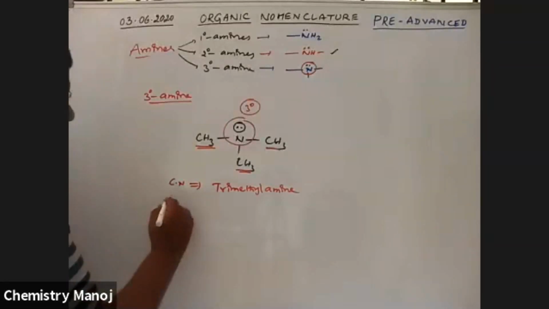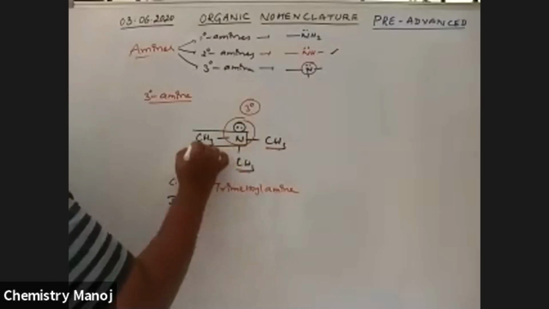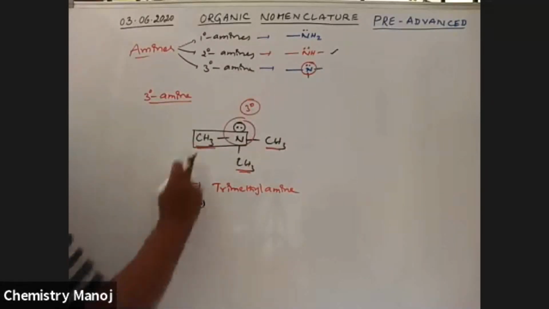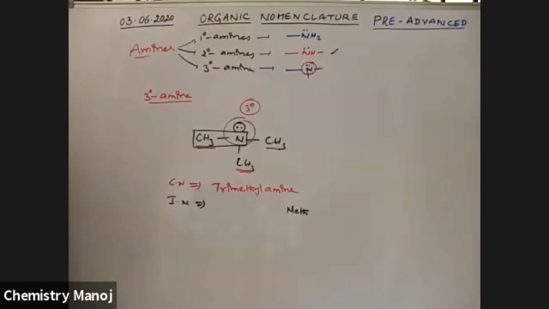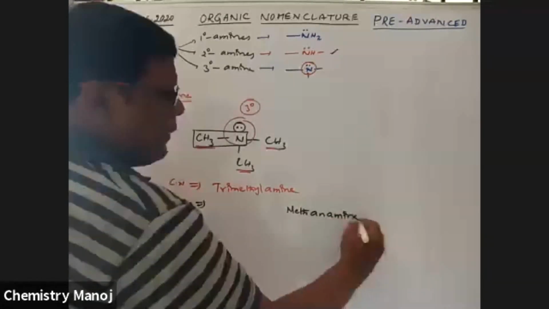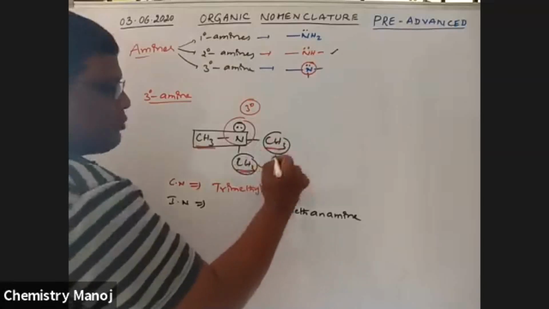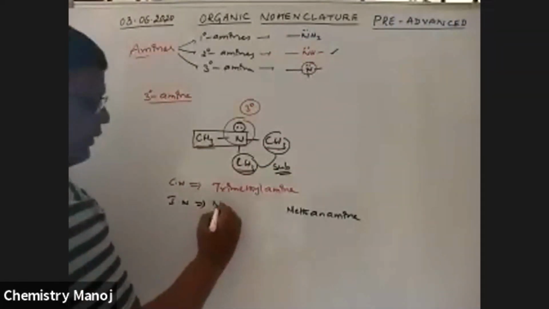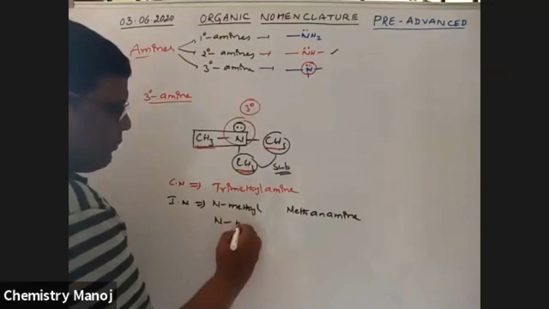Now the IUPAC name. One of them is taken as the longest chain, because all have the same number of carbons. It is methanamine. The other two methyl groups are substituents, so N-methyl and one more N-methyl.